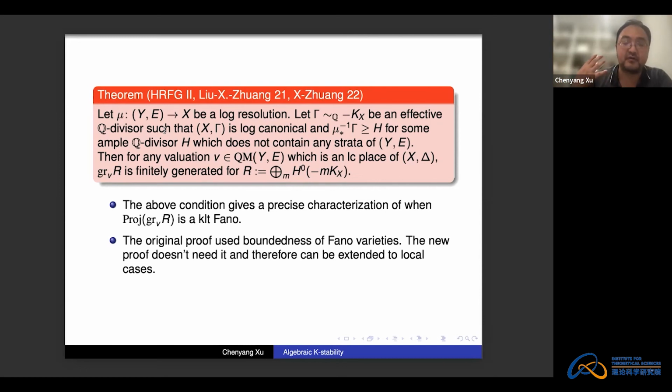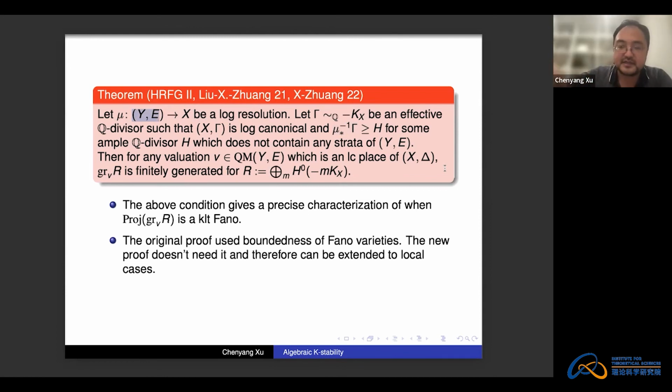So you have to impose a stronger condition. We actually spent quite a while to sort out the right condition. The right condition says that this is the lc place of some special complement. So what is a special complement? The special complement says that if I fix a log resolution, then the birational transform of my complement on this log resolution contains an ample divisor which doesn't contain any strata.